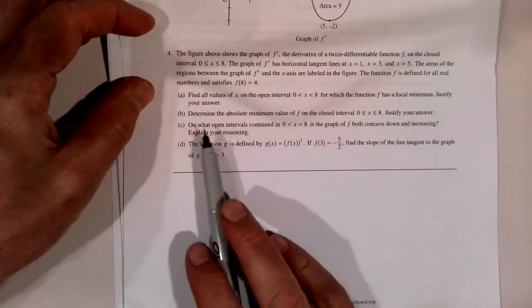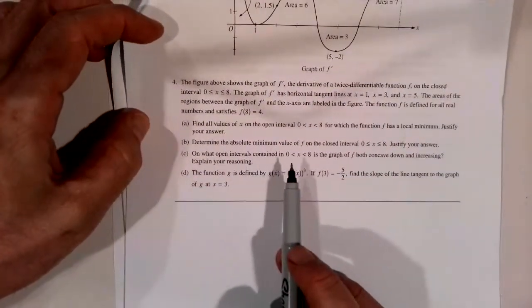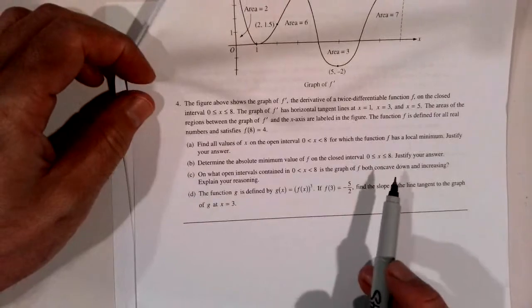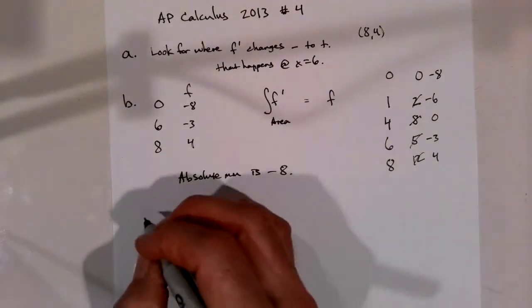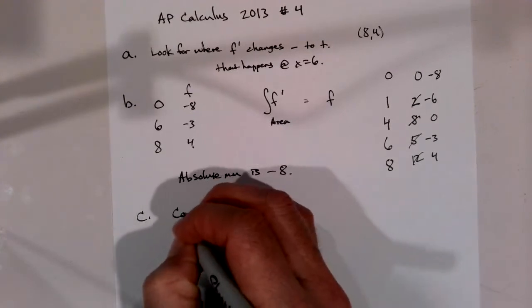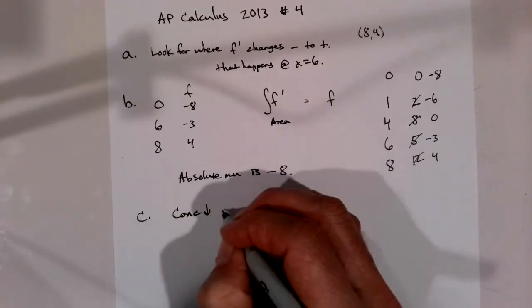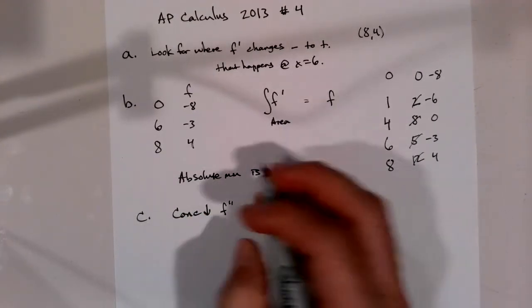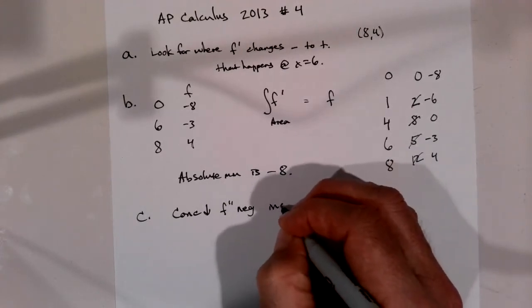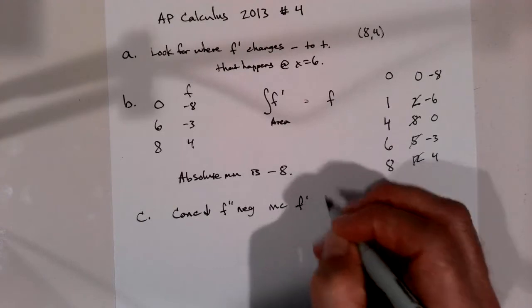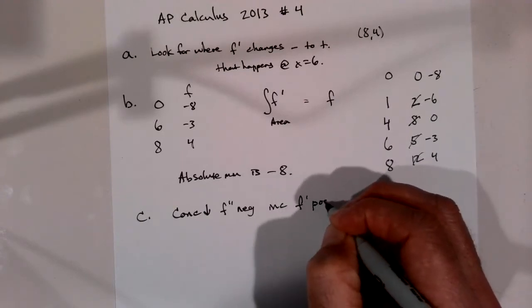Question C says, on what open intervals is the graph both concave down and increasing? Concave down, we are looking for f double prime to be negative. And for increasing, we're looking for f prime to be positive.